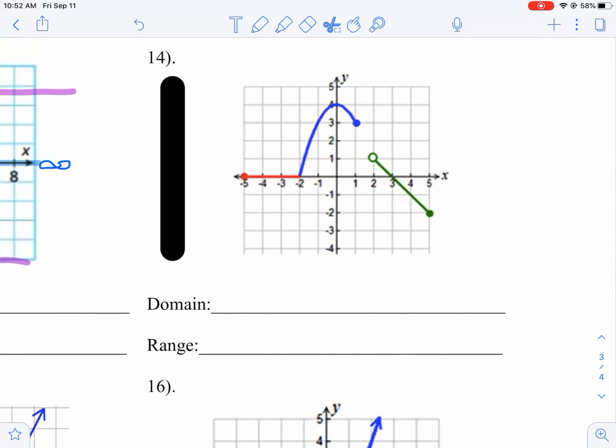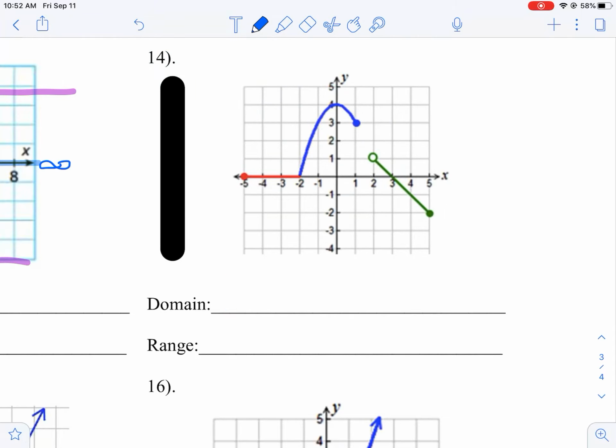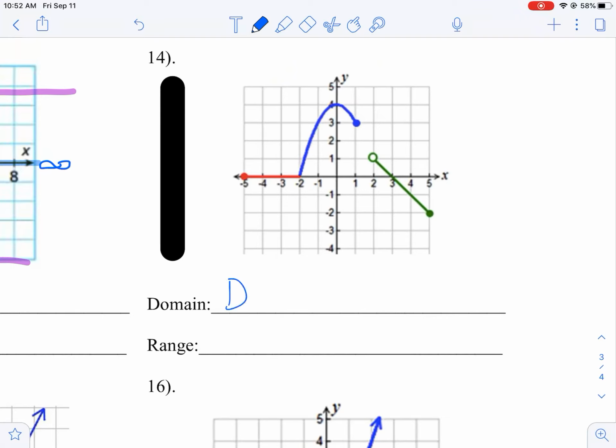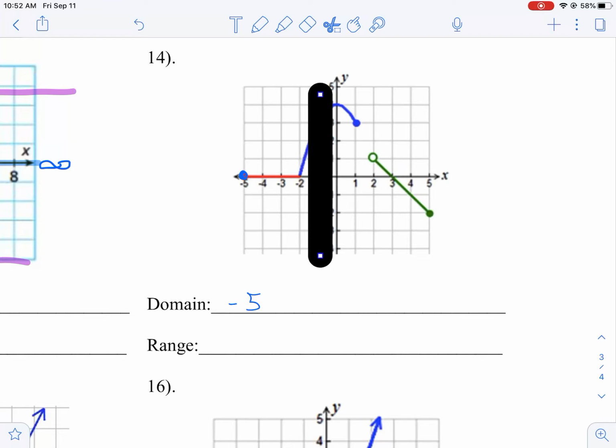Now this piecewise function, for our domain, oops, made it too big. Our domain, I don't need the D there. We're covering, here is my farthest left point, so that's -5. And let's use this scanner. So it scans and it's like, okay, I've got all these points.